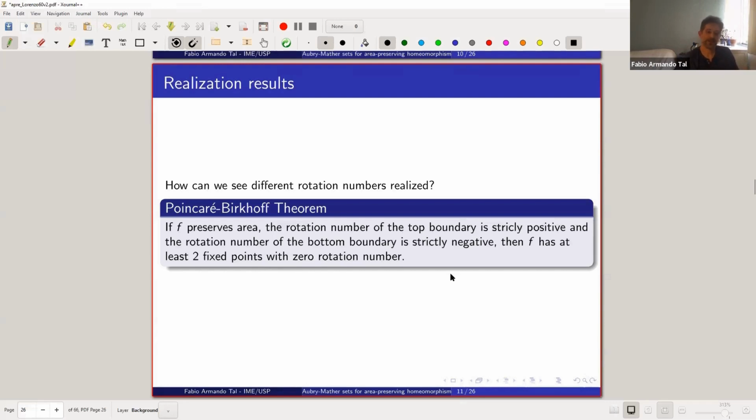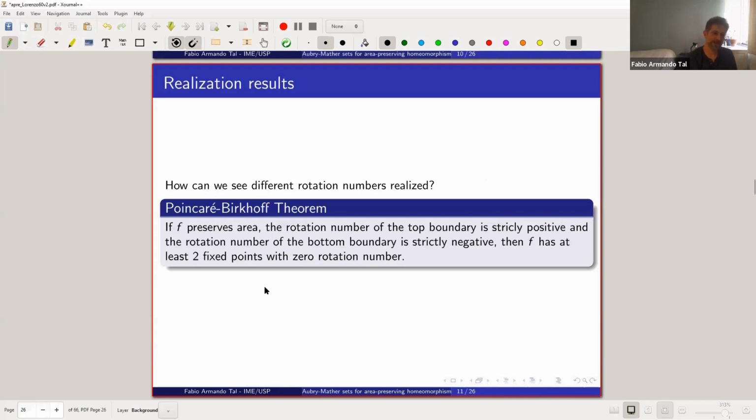Okay. So before I go there, let me just show some of the initial realization results, where you find some things on some part of the dynamics, and you deduce that you have more objects which you did not know were already there.